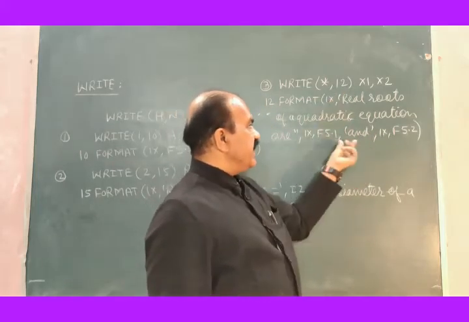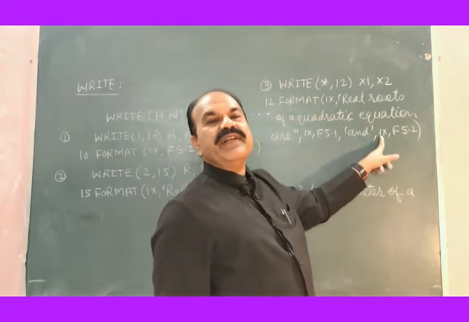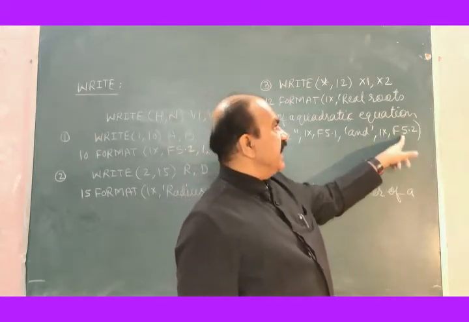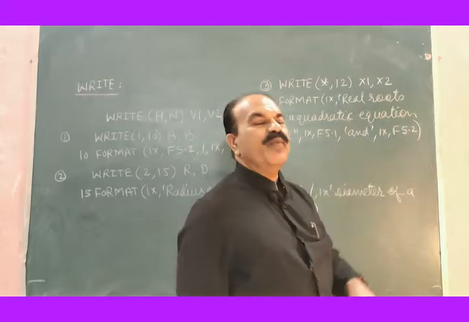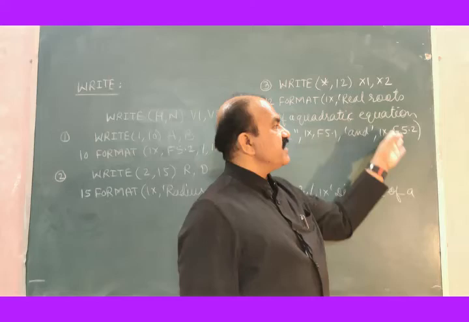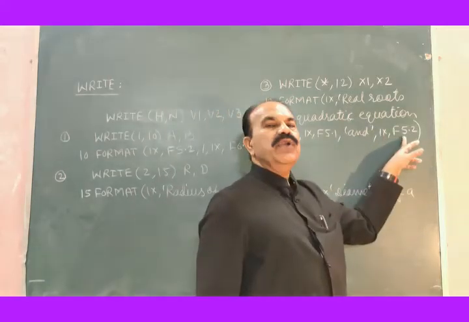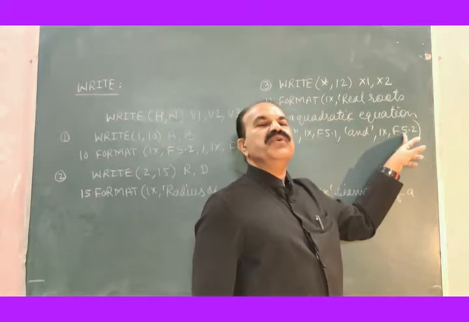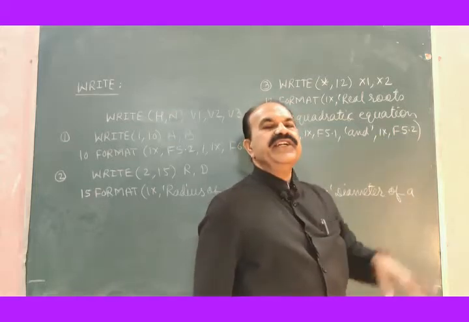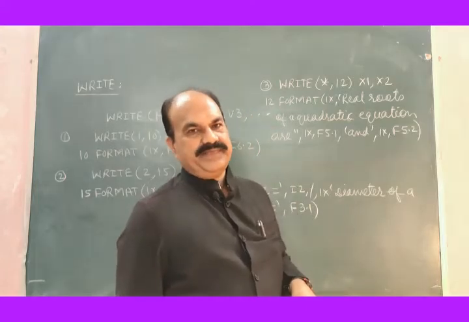Value of x1 is printed here, and after that what will be printed? Once one space is skipped, x2 will be printed in this format. F5.2, it is again taken as a real fractional constant with total width w equal to 5 and d equal to 2 for the decimal part.